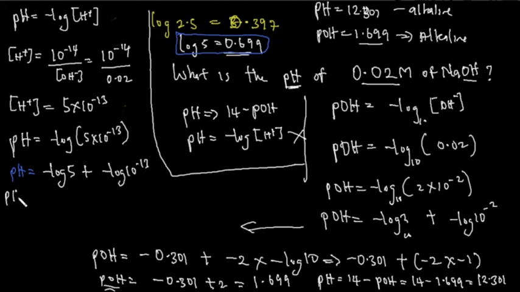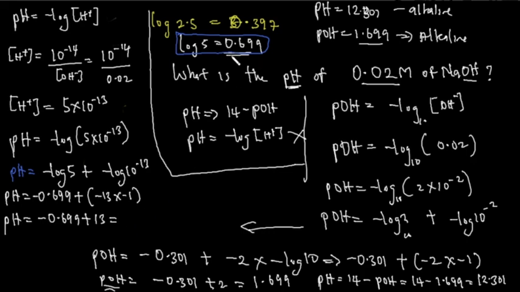So pH will now be equals what? Negative log 5 is negative 0.699 plus bracket, this will be minus 13 times minus 1, right? pH is minus 0.699 plus 13.